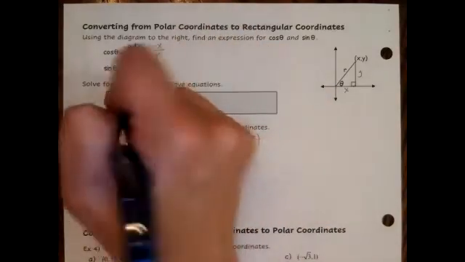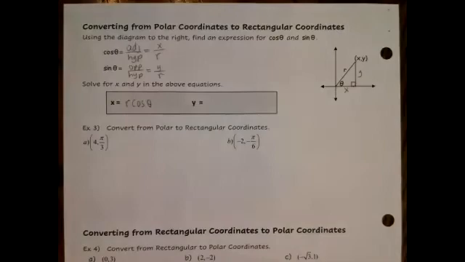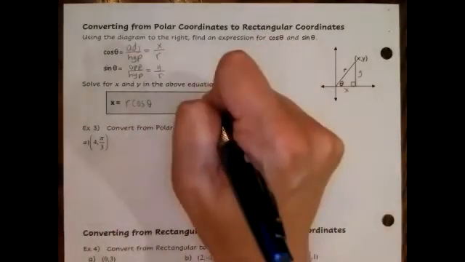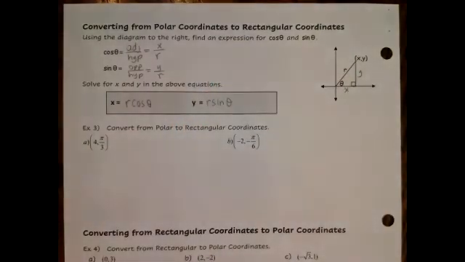So x then has to be equal to r times the cosine of theta. For the sine, I would multiply both sides times r. So y is equal to r sine of theta. Those are the two that we would use in order to convert from polar coordinates to rectangular coordinates.